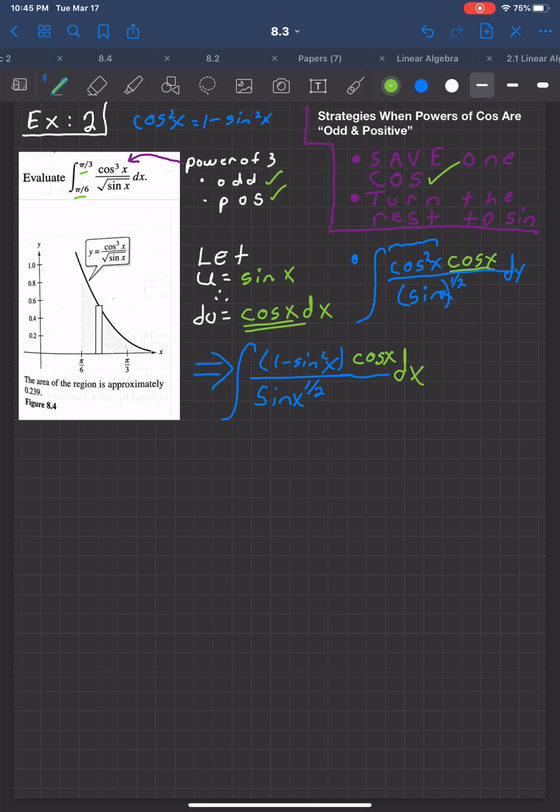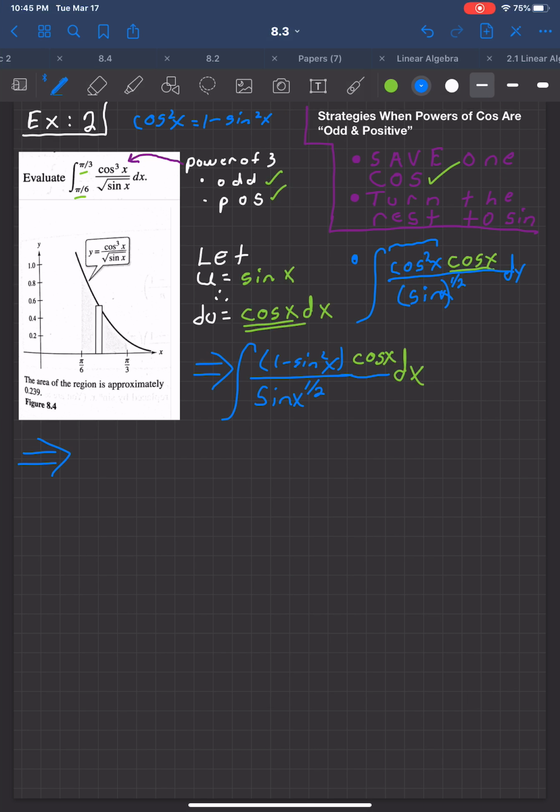So now let's see what we can do here. Well, we can always split this fraction up, right? Let's see if you can follow me. Let me write and then I can elaborate. So I can split this fraction up.